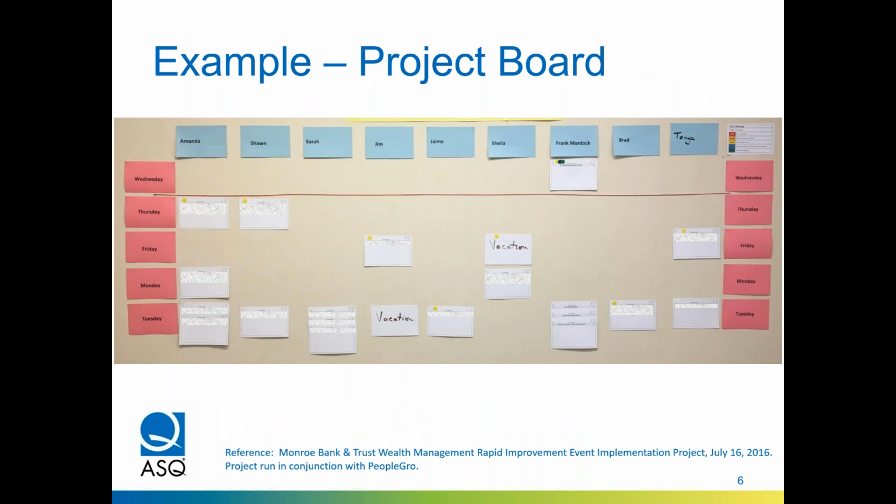This is just an example. We're going to go through this in more detail, but it's a real example from Monroe Bank and Trust. We had an implementation project that came out of a rapid improvement event that we held and identified a number of issues in that particular part of the bank, and we had various activities that needed to be performed to address it. What was interesting is this method allowed people to gauge their progress on a week-by-week basis.